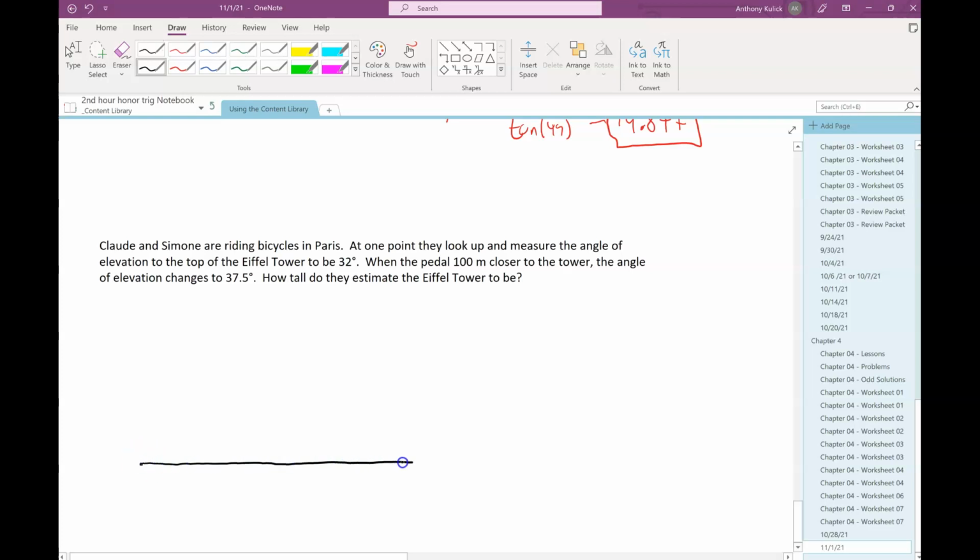This is exactly what I think of when I'm in a romantic bike ride in Paris. Right? When they pedal 100 meters closer to the tower, the angle of elevation changes to 37.5 degrees.